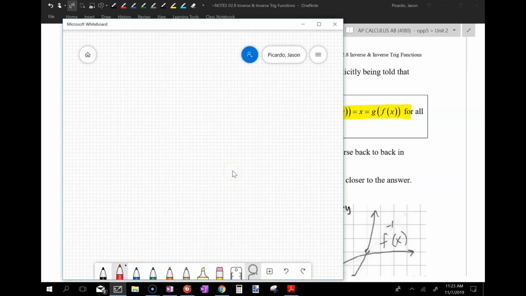All right, so I'm going to give you this function. Here's my function. Cool? All right. If I want to find the inverse of that, I'm going to take this and do what? Switch the x and the y.